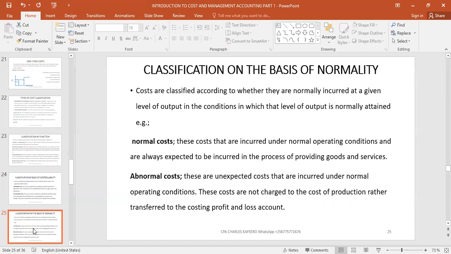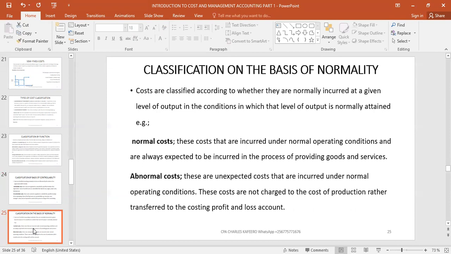There are certain costs which we incur, and part of them may be due to the normal conditions of how we are producing certain items, or they are incurred because of abnormal situations which came about and we ended up spending more than what we should have spent on the production.